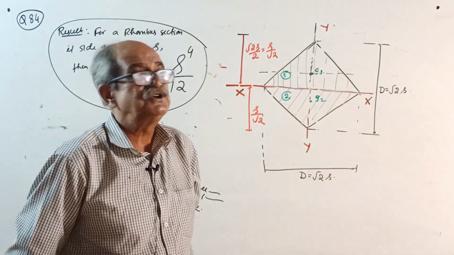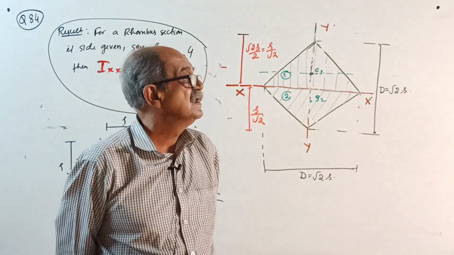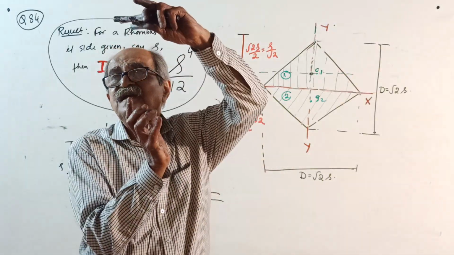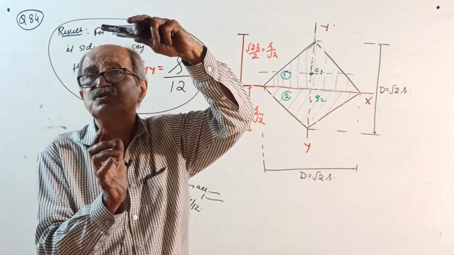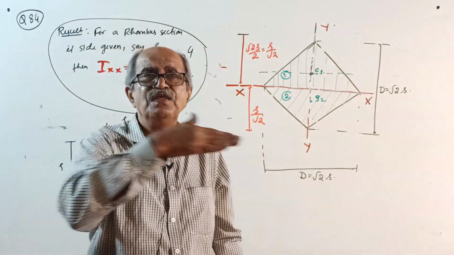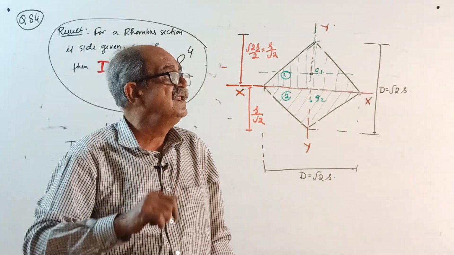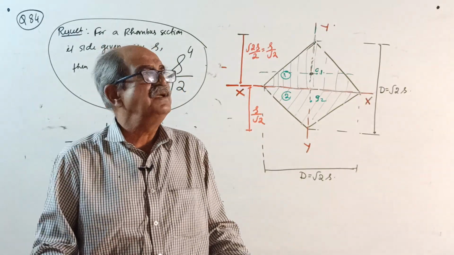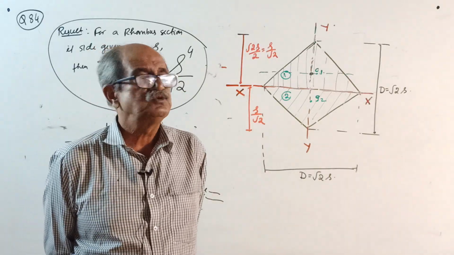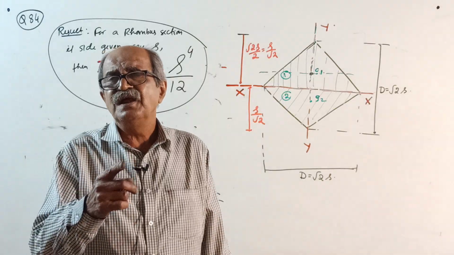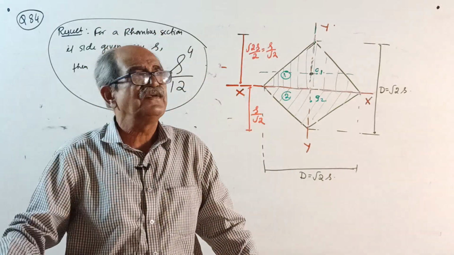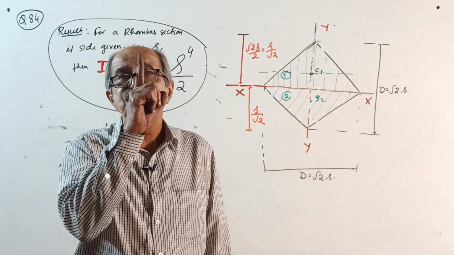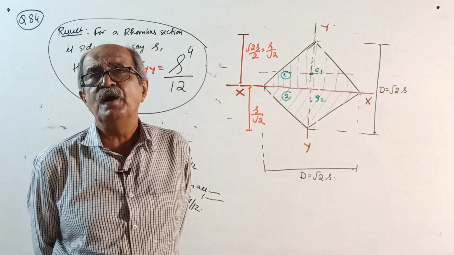Therefore, in any examination question, if a square section is given and they say it is placed so that one diagonal is horizontal and the other diagonal is vertical, then when the moment of inertia comes, you don't waste time. You write, we know that for a square section, moment of inertia about any centroidal axis, either horizontal or vertical or inclined, is one unique answer, S power 4 by 12.